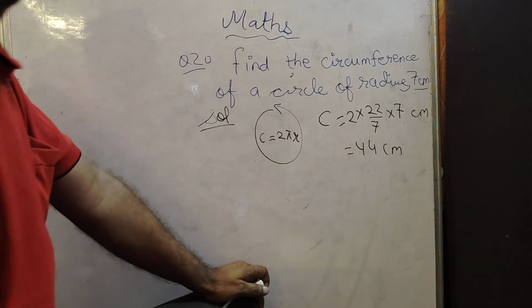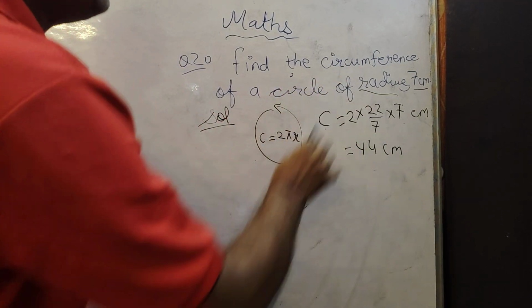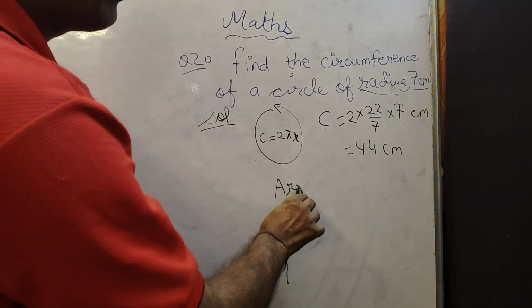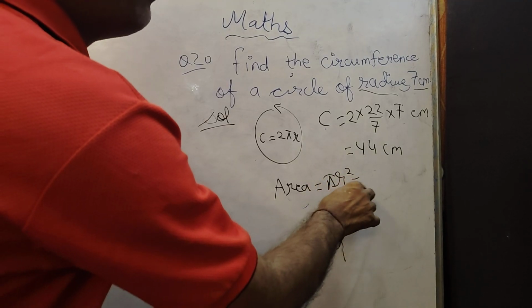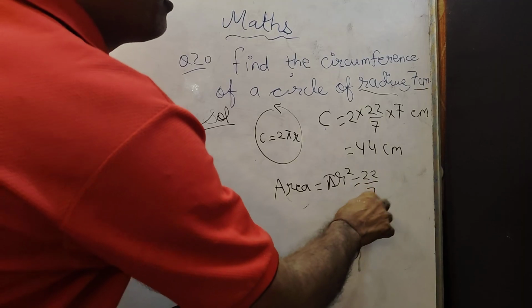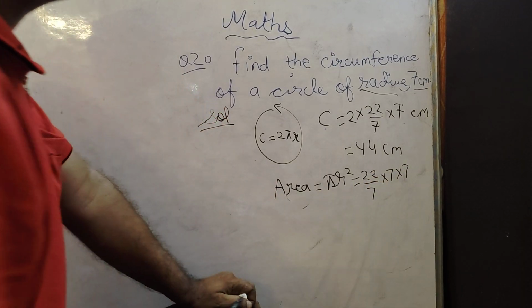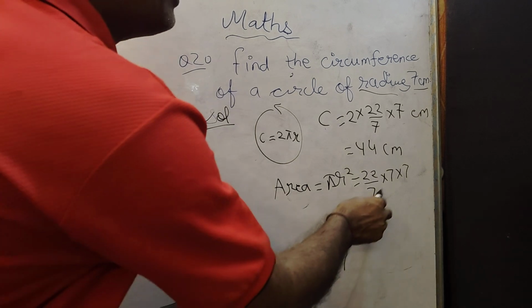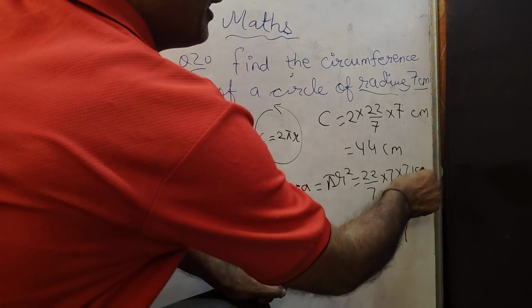This is the circumference. If the question additionally asks to find the area, we can find the area using the pi r square formula. Pi means 22 over 7, into 7 is the radius, and again the square is there. So 22 over 7 into 7 into 7. One 7 cancels. 7 into 22 is 154 centimeter square.